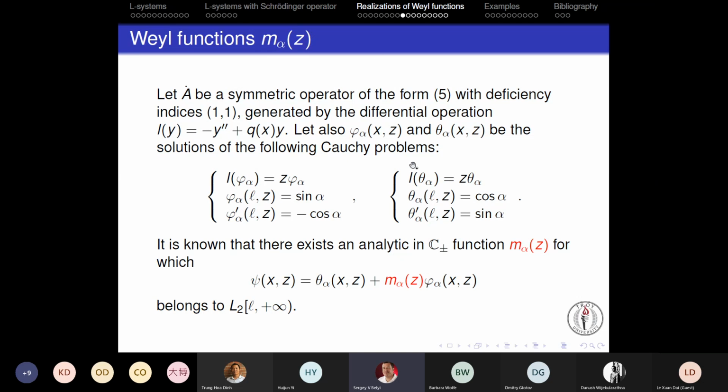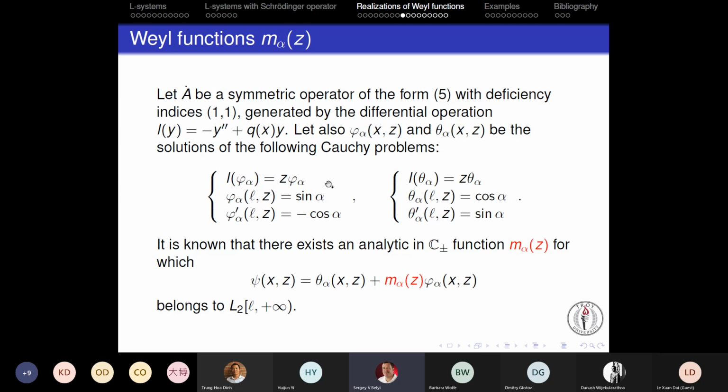And instead of considering two Cauchy problems as a definition of M infinity with 0, 1, negative 1, 0, you do a more general construction. You can find it in Titchmarsh's book, and in the work of Levitan and others, Naimark.